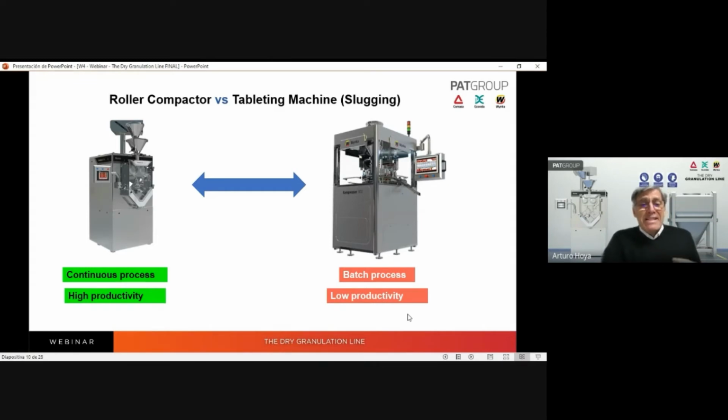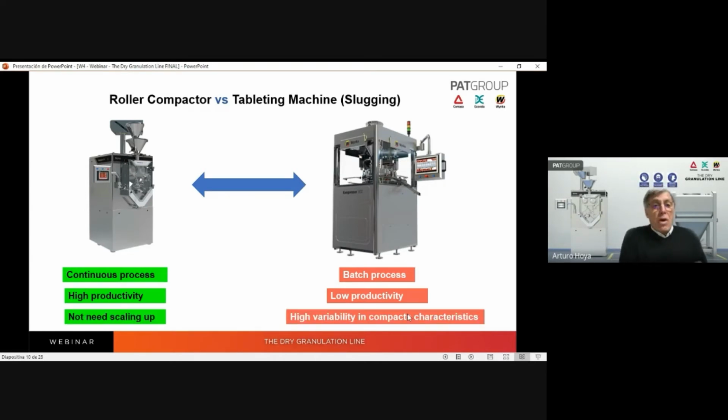Roller compactor has high productivity and tablet machine low productivity. And of course, roller compactor needs no scaling up, because the development is made in the same equipment as the production. But in the case of slugging, high variability in compact characteristics avoids or complicates the scaling up.